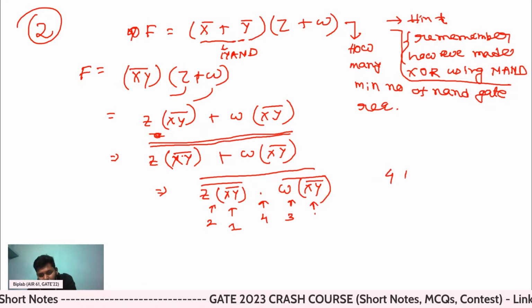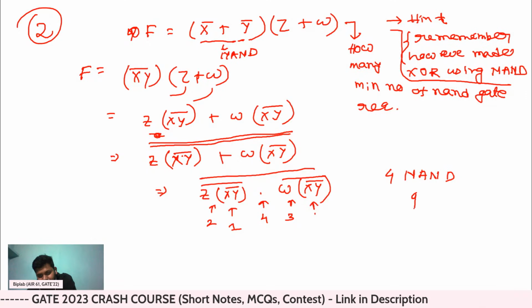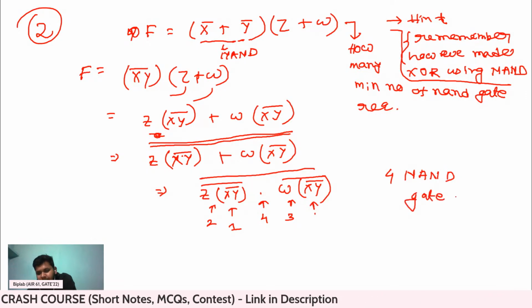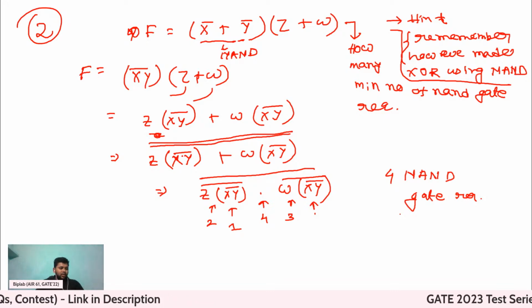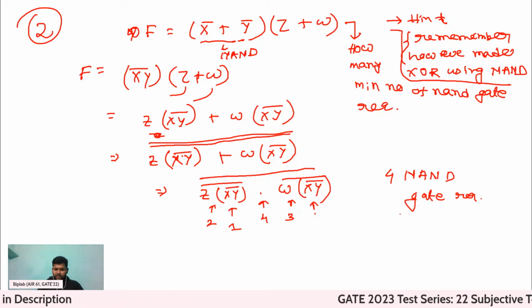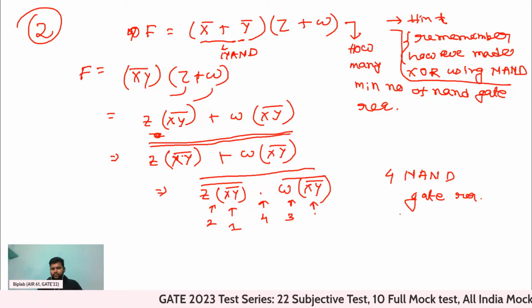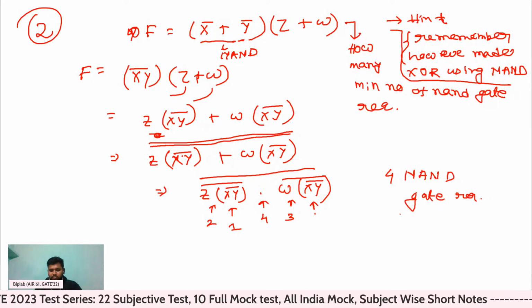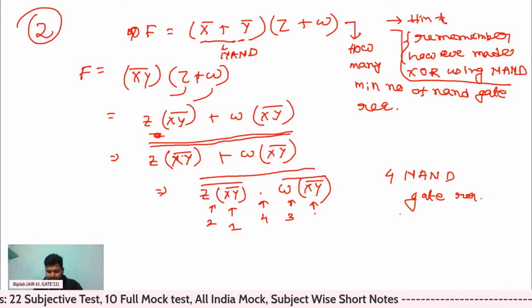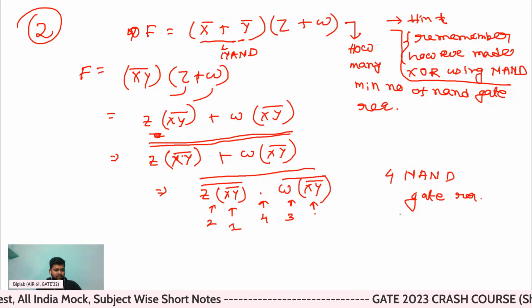So four NAND gates are required. So anyone having any doubt in this?